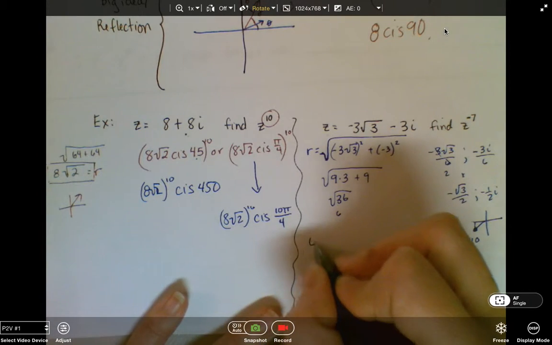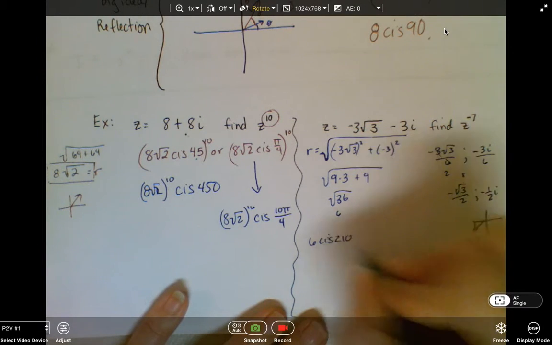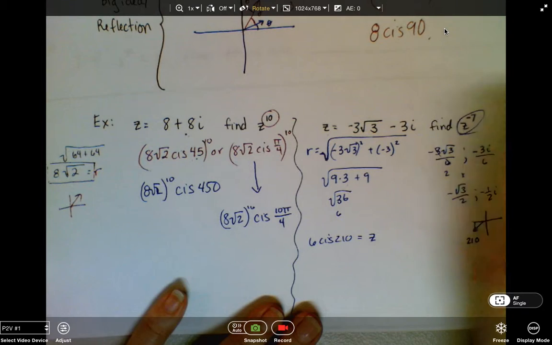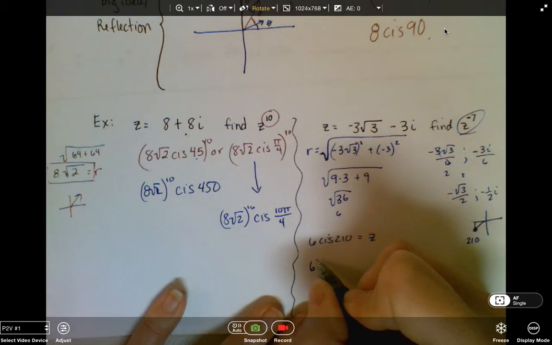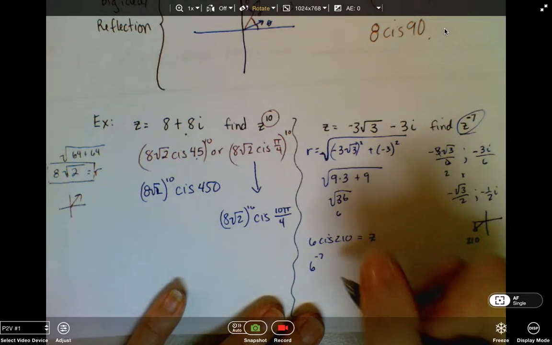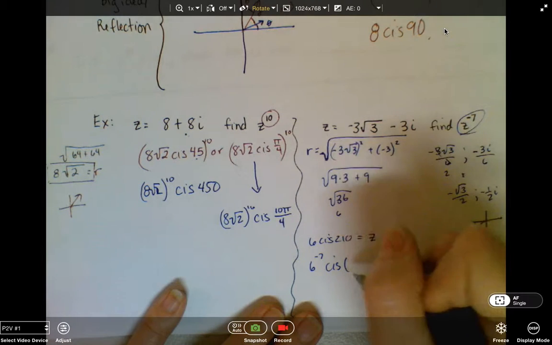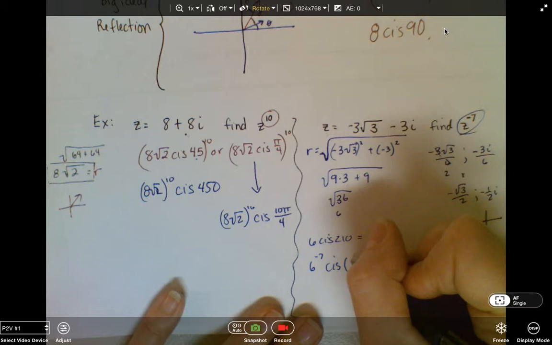All right, so we have 6 cis 210 is equal to z. z to the negative 7th is going to be 6 to the negative 7 cis 210 to the negative 7th. Oh man, I wish I had a calculator.